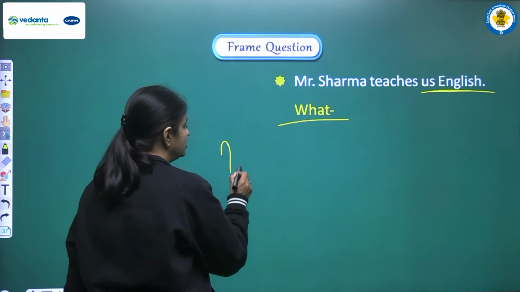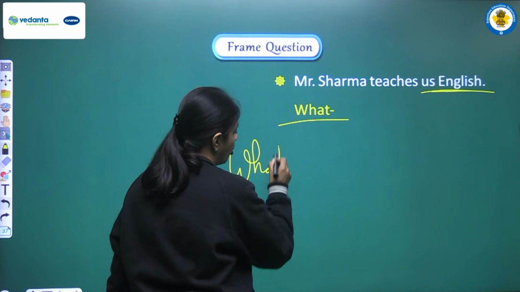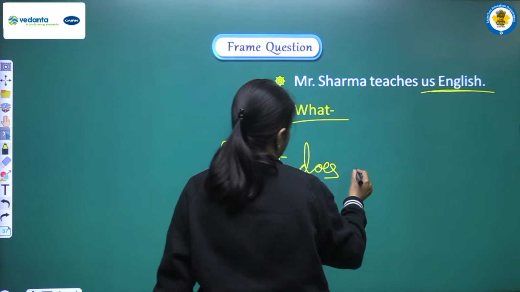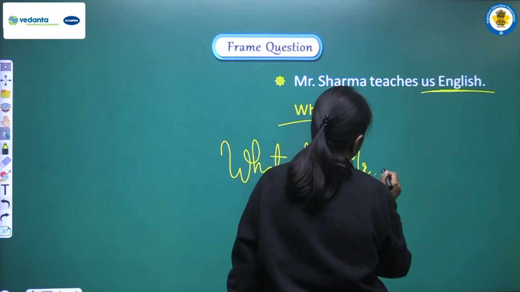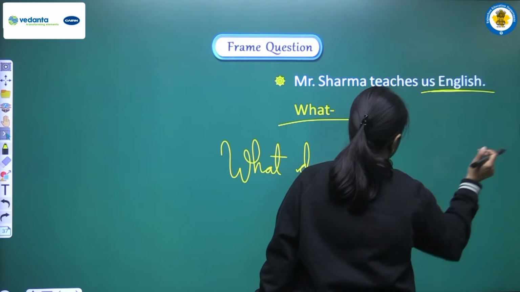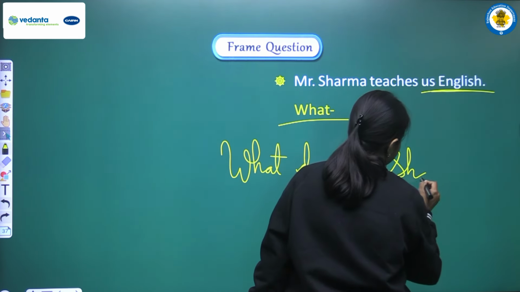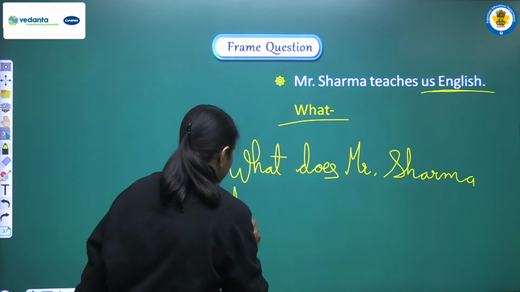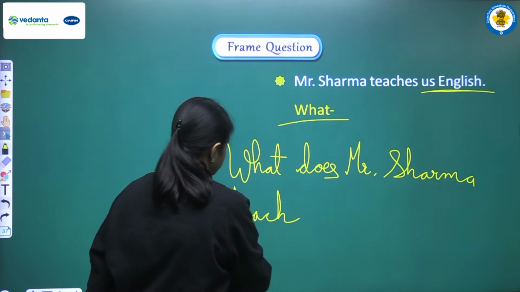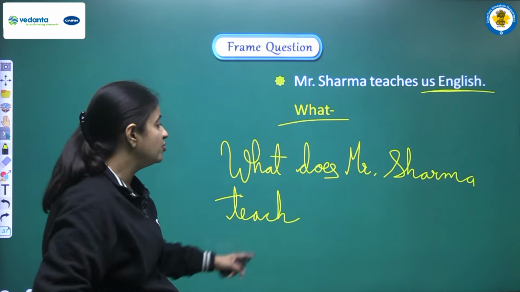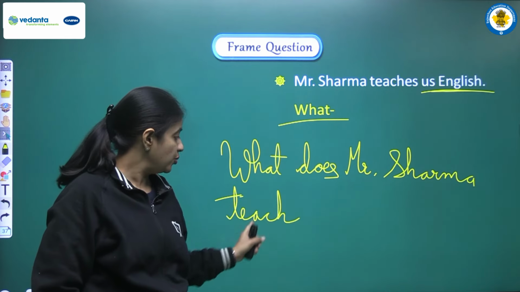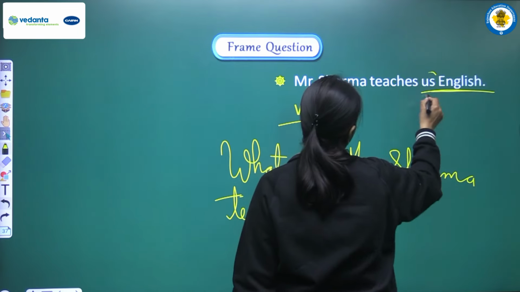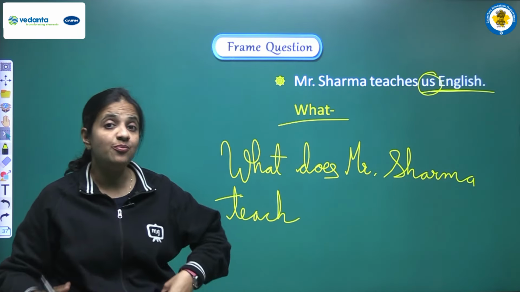So we have to use does. What does Mr. Sharma teach? Teaches, what do we have to do with it? It will be teach. Why? Because we are having an interrogative sentence. We are having does here. So we have to use teach only. And as, what do we have to do with it? Again we have to change the pronoun.